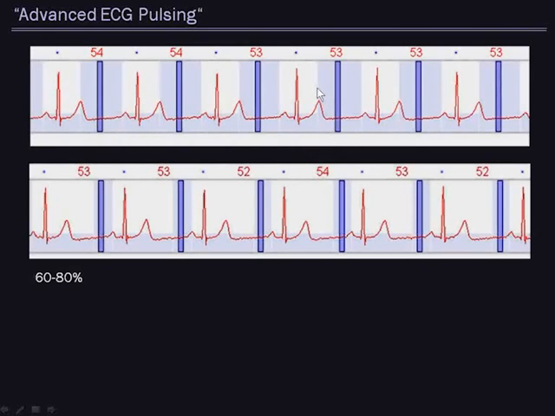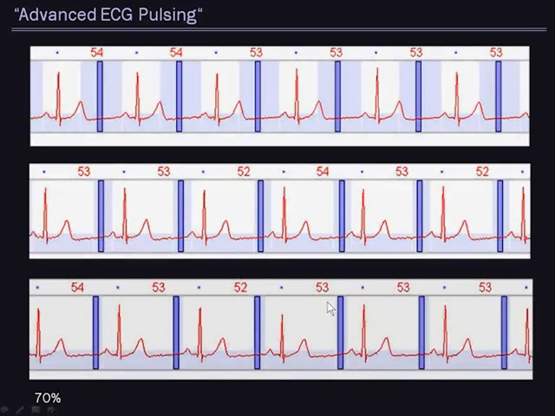EKG pulsing, as I explained it initially, will keep up the radiation exposure to the full tube output during a long period in diastole. But of course, it can also be done more aggressively. The modern scanners allow you to interactively define how long the period of full tube current should be, and it can be shortened, for example, to 60 to 80%, or kept very, very short, just around 70%.